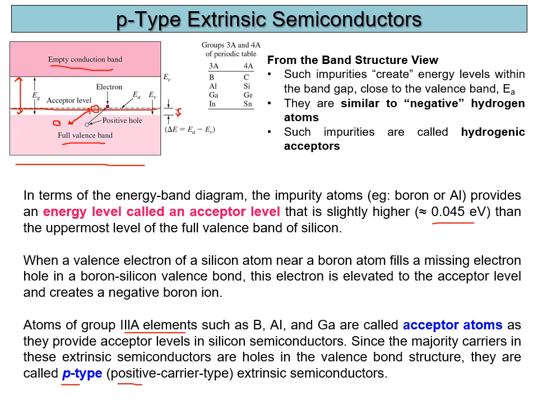This process will continuously occur, so it will conduct the electricity by the movement of holes in here. It will create another hole, hole by hole by hole. This kind of movement, we call it a P-type or positive carrier type extrinsic semiconductor.